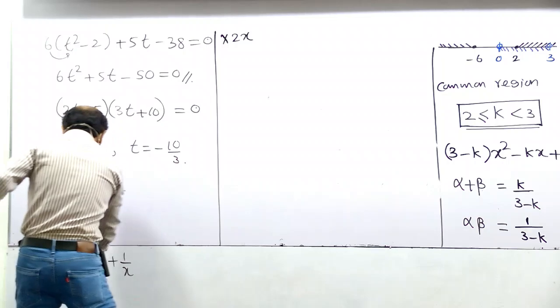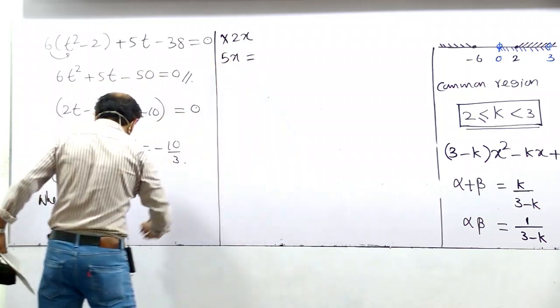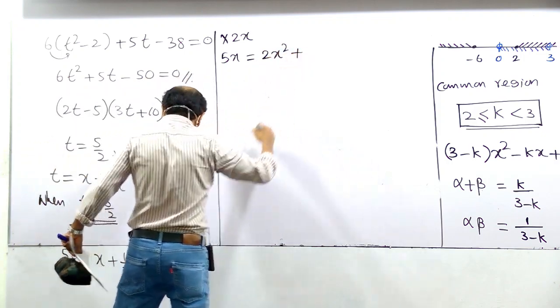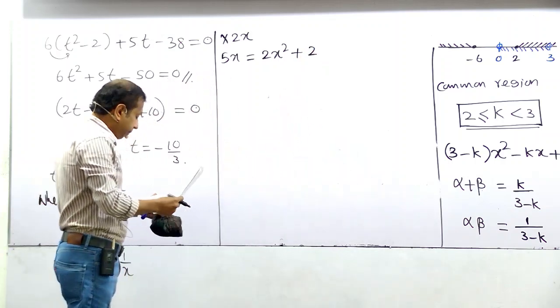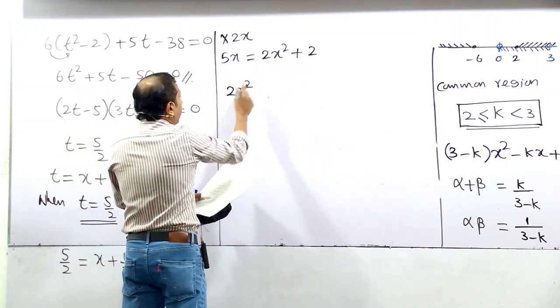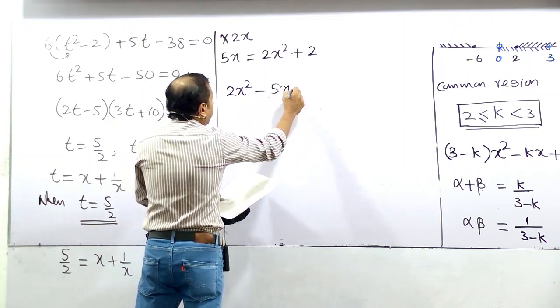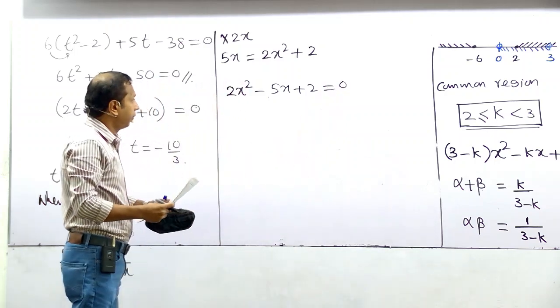When you multiply this by 2x, we get here 5x equals 2x squared plus 2. Then take this to the right hand side: 2x squared minus 5x plus 2 equals 0, right?